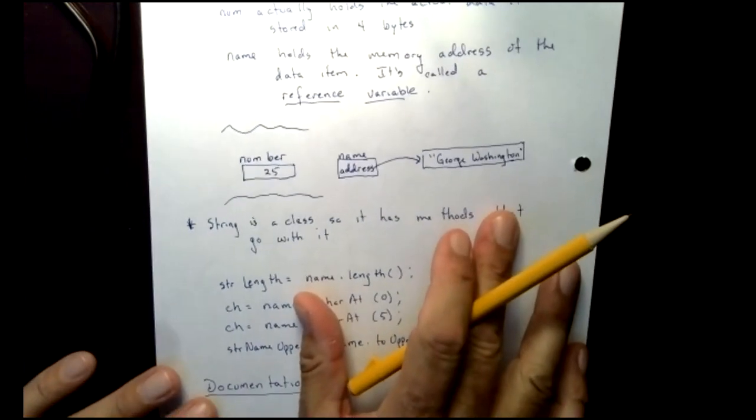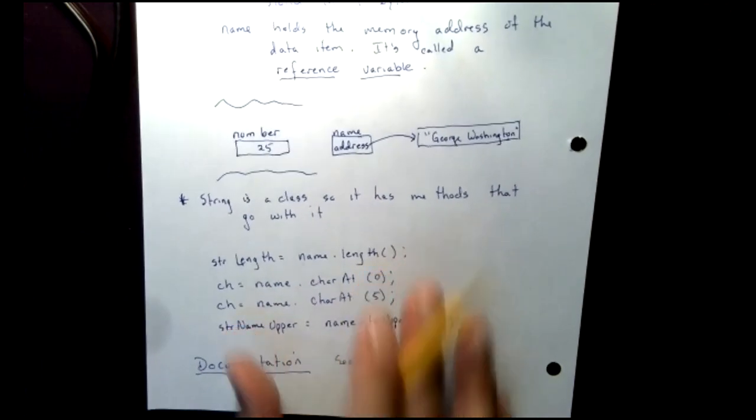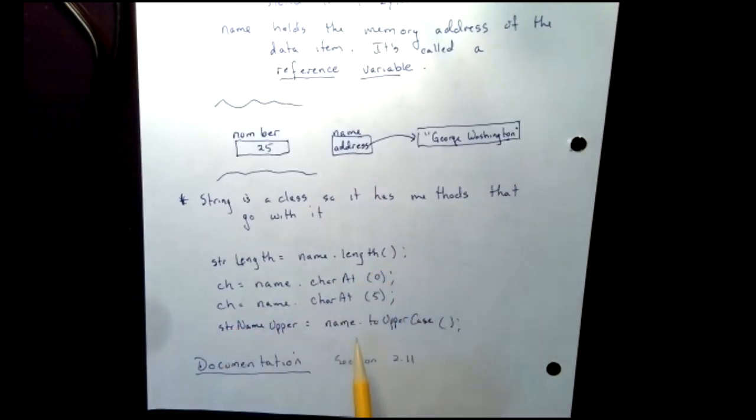So String is a class, and it holds a bunch of little methods. And again, if you wanted, you could Google Java string class methods, something along the lines of that, and you'll see there's a lot of them. And we're just going to take a look at a couple of them right now.